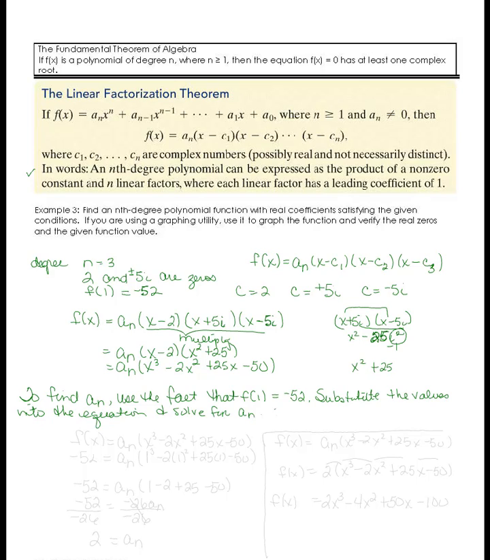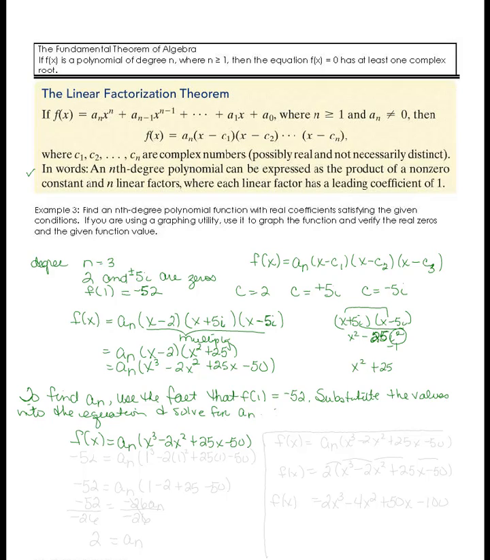Going back to our equation, f of x is equal to a sub n times x cubed minus 2x squared plus 25x minus 50.